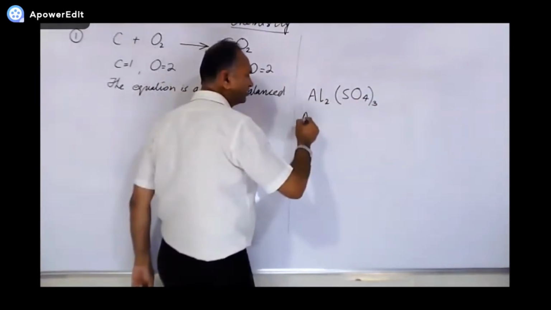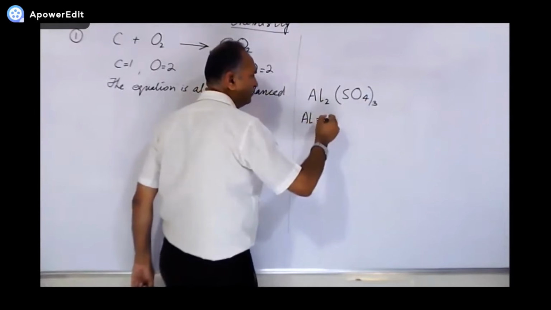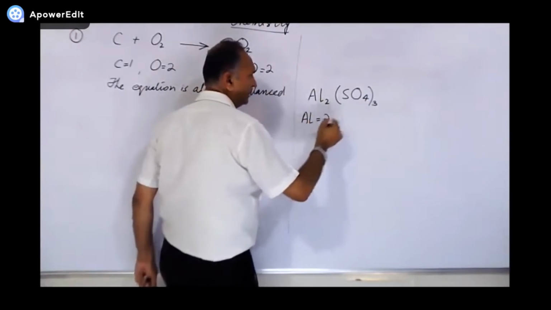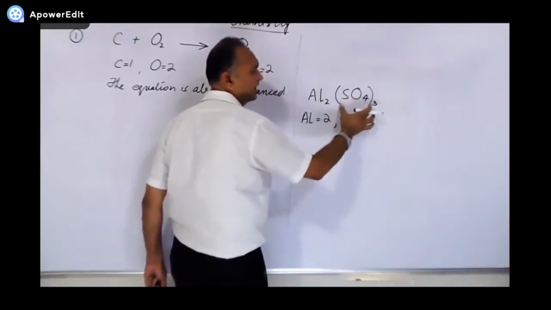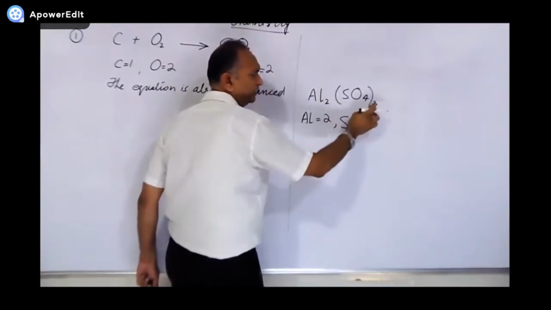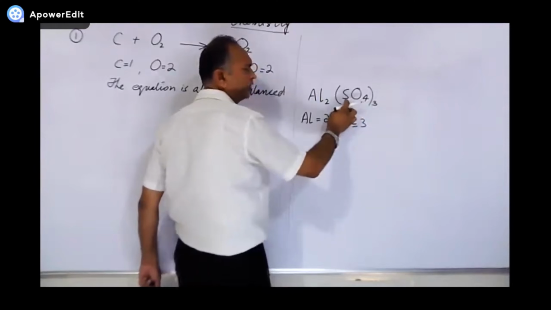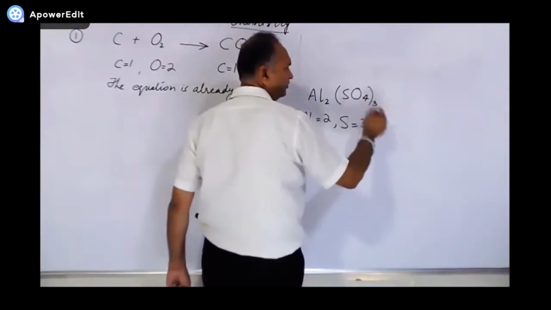Right now, what is the situation? Aluminium 2, sulfur 3. Why is it 3? Because sulfur is written inside the bracket. And what is the number outside the bracket? 3. So you should multiply over here. We know it. 3 4s are 12.